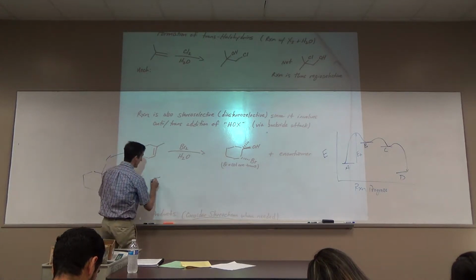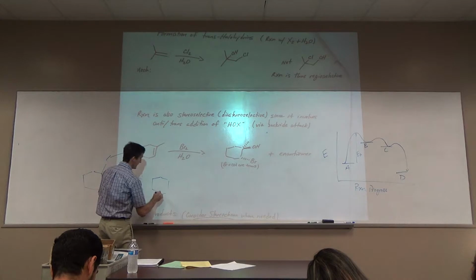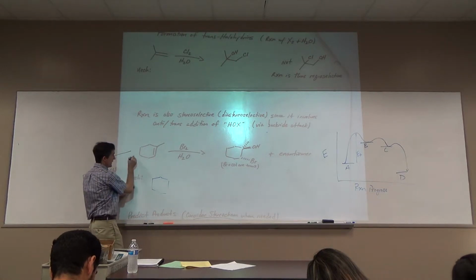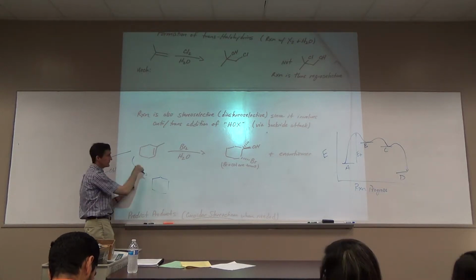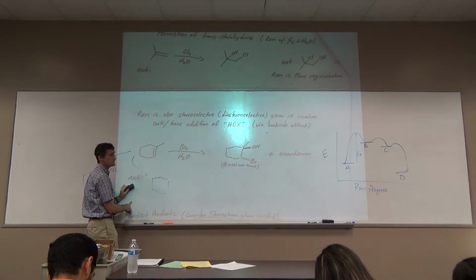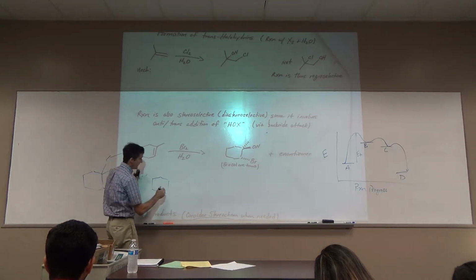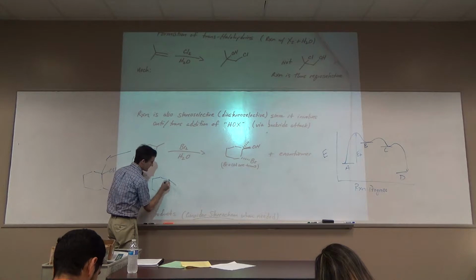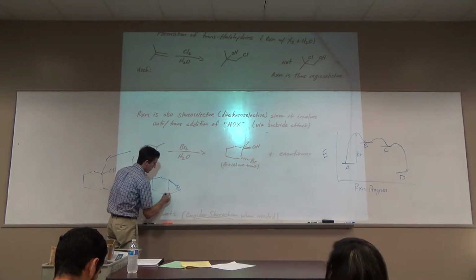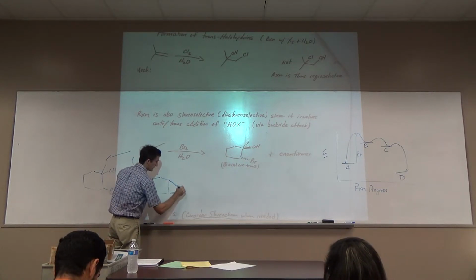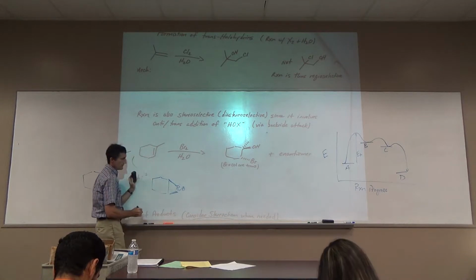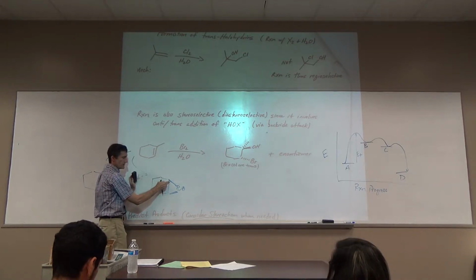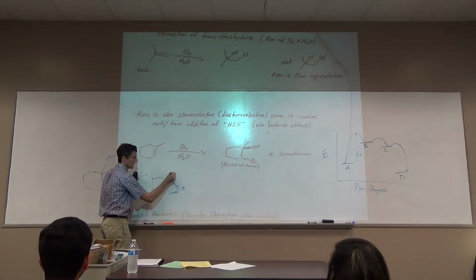Okay? Again, I'll do it. I'm not going to do full mechanism, but what's the first intermediate here? Bromonium ion. Now the bromonium ion is going to look like this, methyl here. If I drew this bond forward, this would be back.